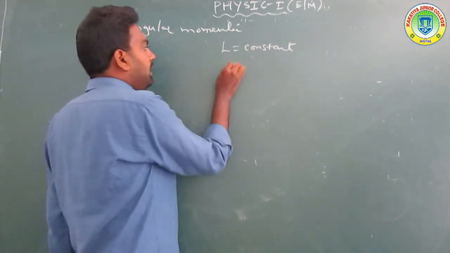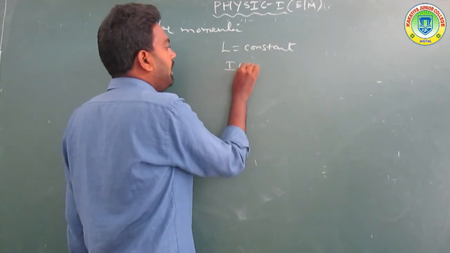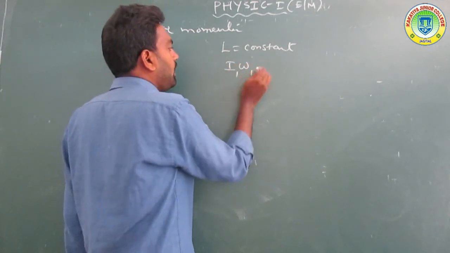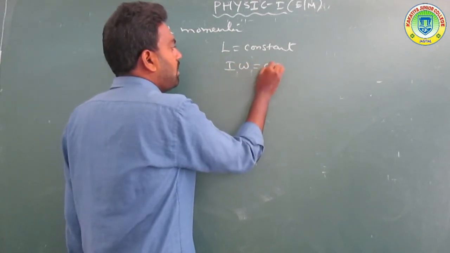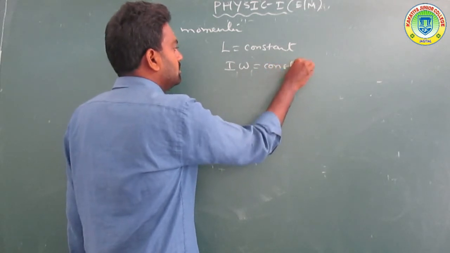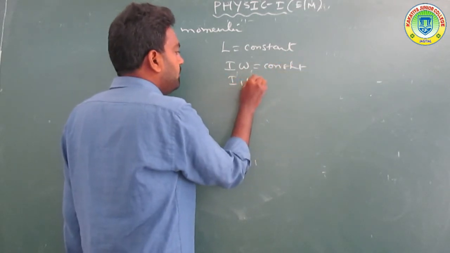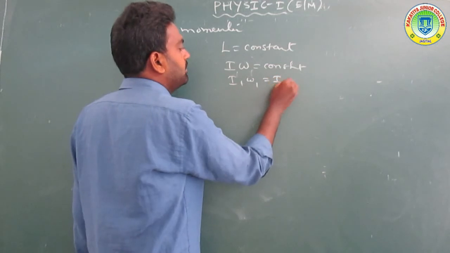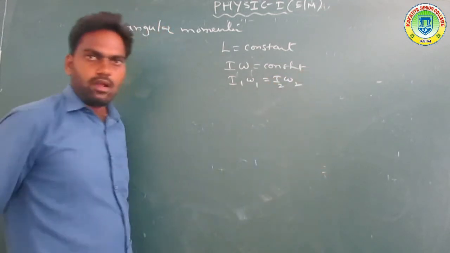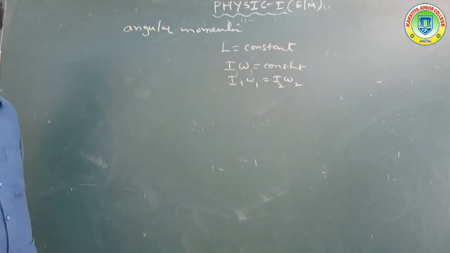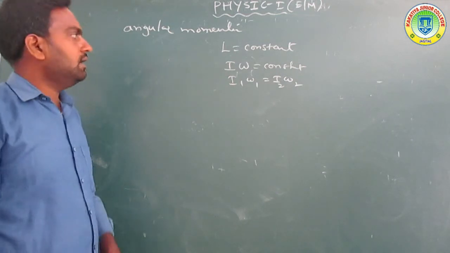That means L equals I omega, I omega is equal to constant, or I1 omega 1 is equal to I2 omega 2.